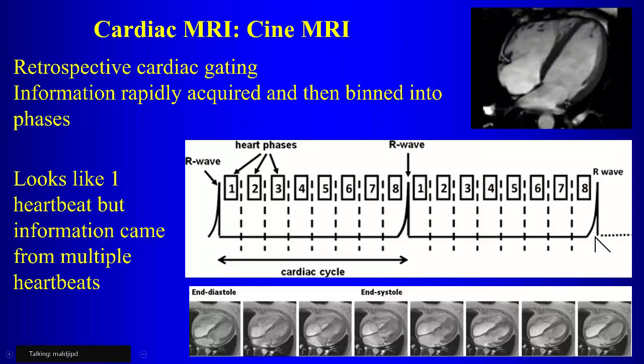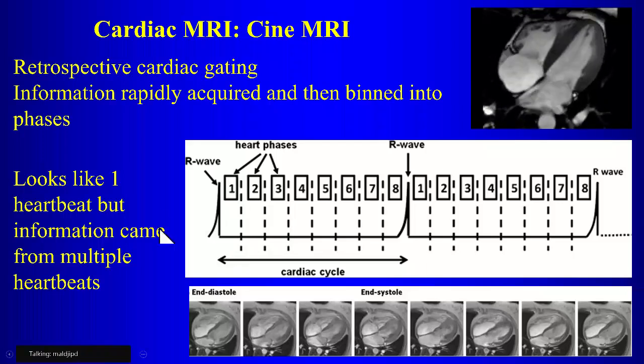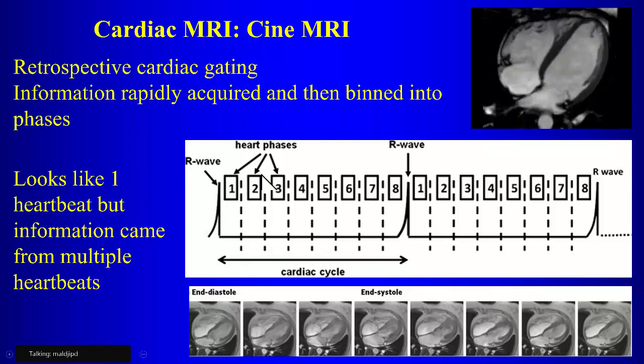And what the software will do is it will take all this information that is acquired and divide the cardiac cycle into phases. Here you have 8. We usually use 20. It will divide it into phases, and any information that was acquired during this phase will be put in this bin, whether it was from this heartbeat or the next heartbeat or the next heartbeat. The same thing for the next phase and the next phase and the next phase.